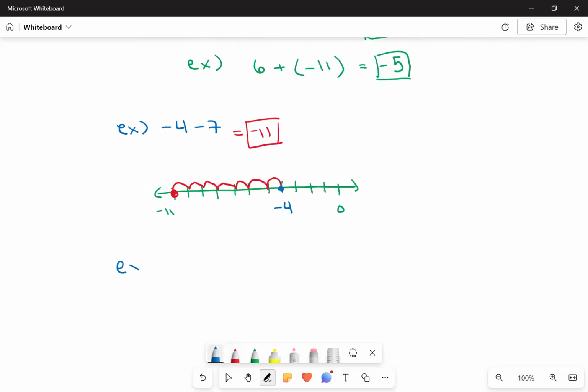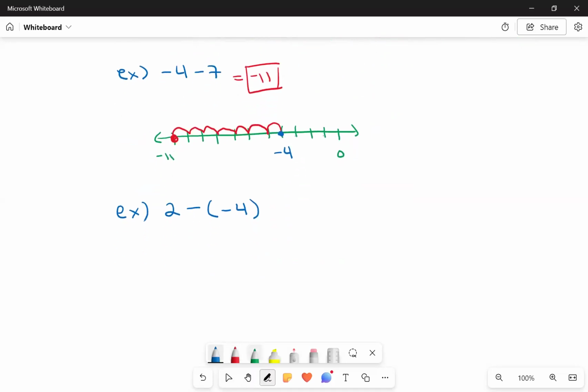Let's go ahead and try a subtraction with a negative, like 2 minus negative 4. Just like above when we were doing addition, the negative is going to cause us to go the opposite direction. So I'm going to start at 2.